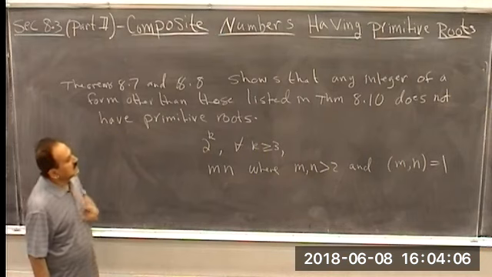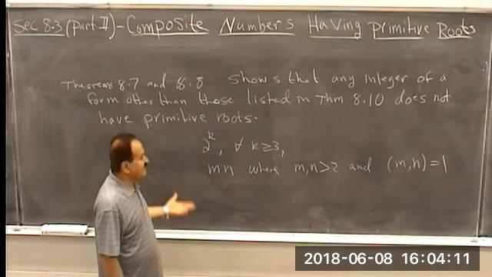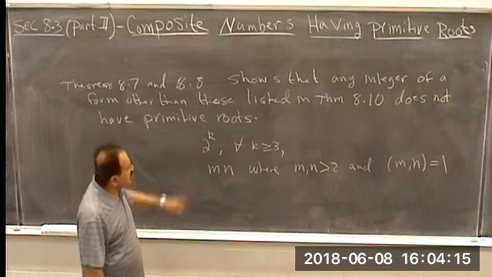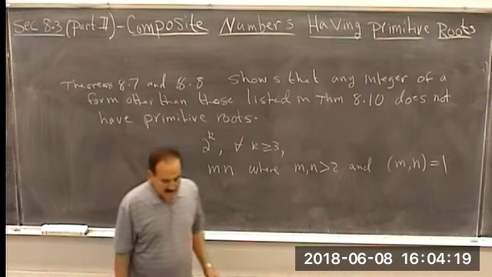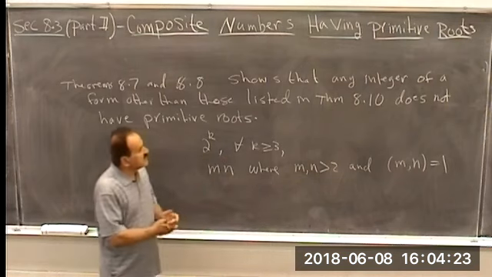So any number that has 2 distinct odd primes is going to have no primitive roots, and then all other possibilities. Okay. All right.